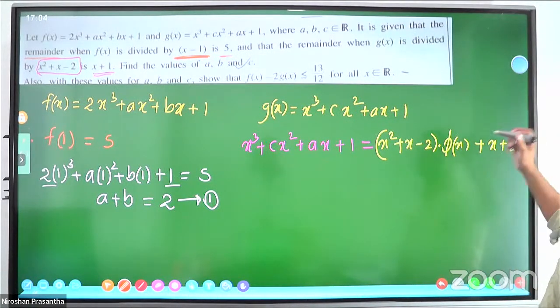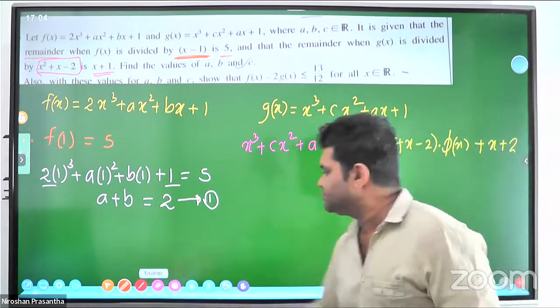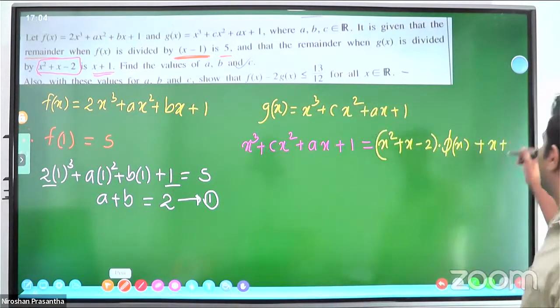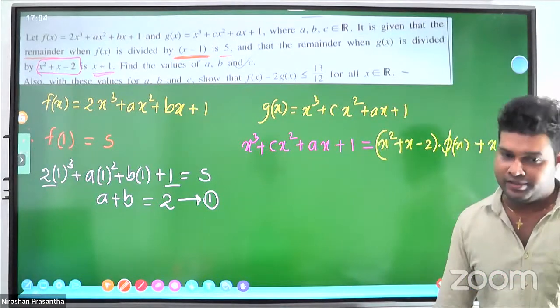This is the whole algorithm that a student must write.